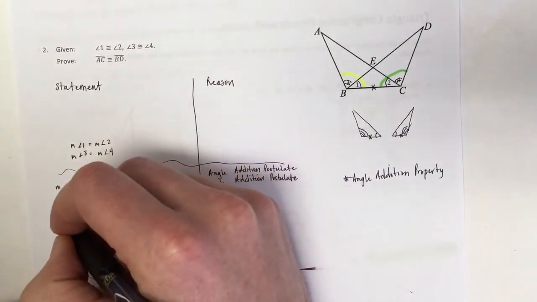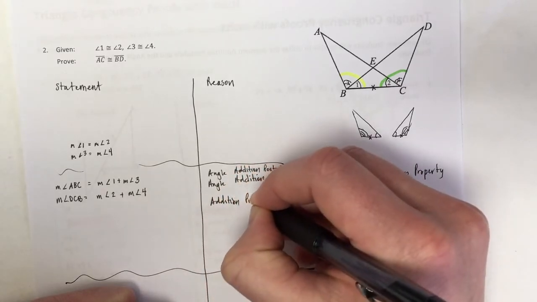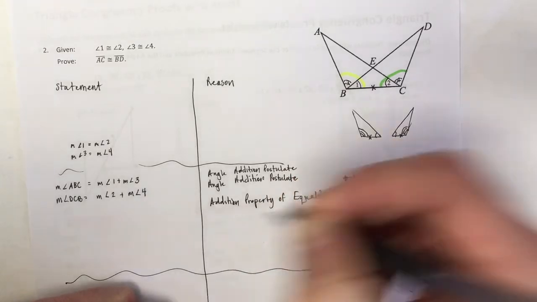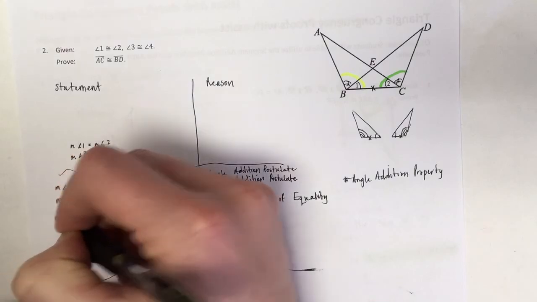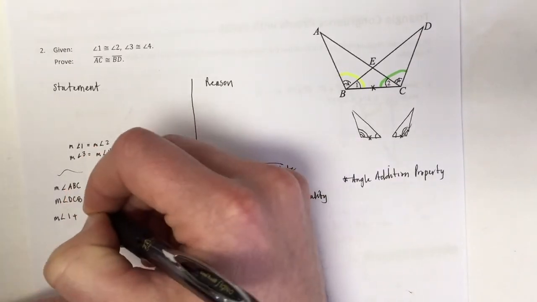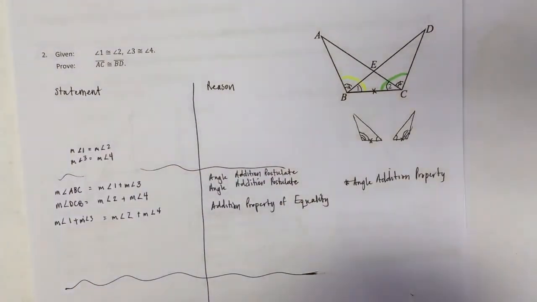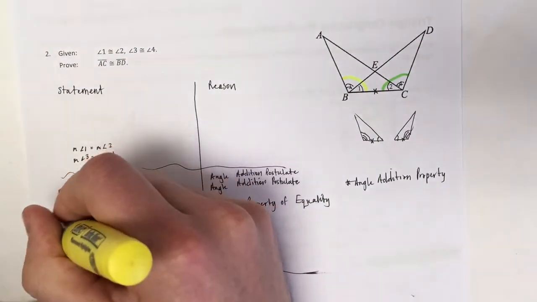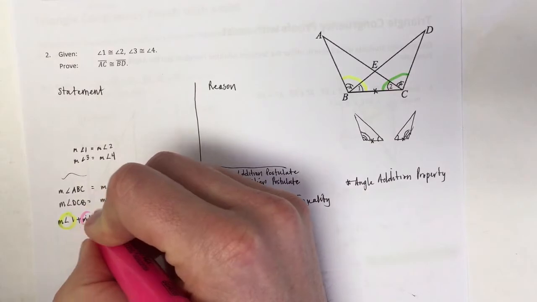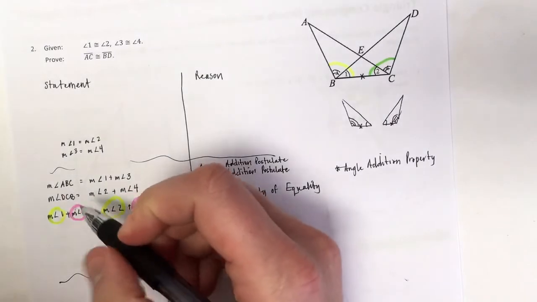So as I'm going through this, if I were to use the addition property of equality, this will allow me to start with angle 1 equal to angle 2, but then add in two other equal parts, which is the measure of angle 3 is the same as the measure of angle 4. And so these two parts are equal, and these two parts are equal. So I should maintain equality is exactly what I do.